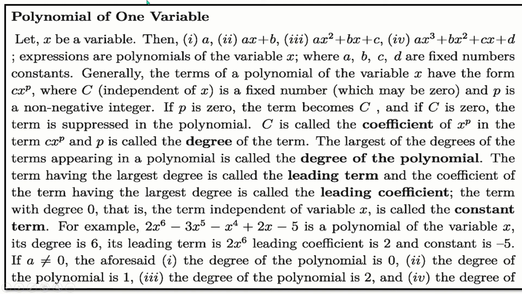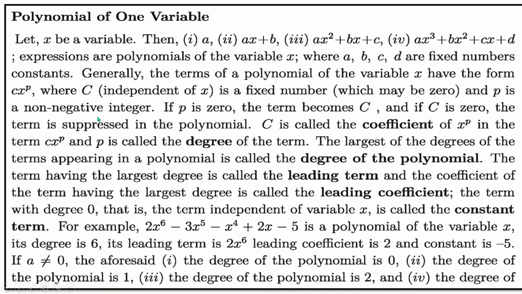Okay, and the general form of the polynomial with one variable is cx to the power p, where c is a fixed number which may be 0 or not, and p is a non-negative integer.